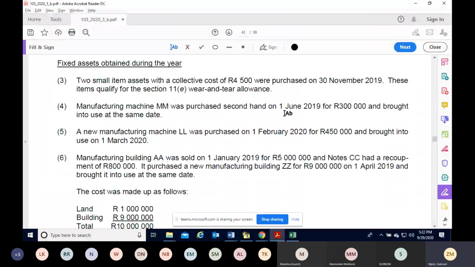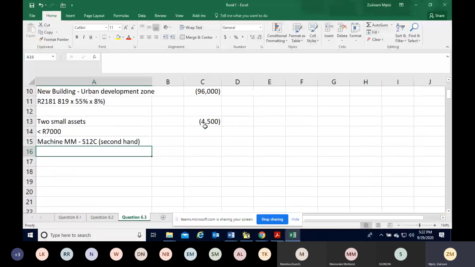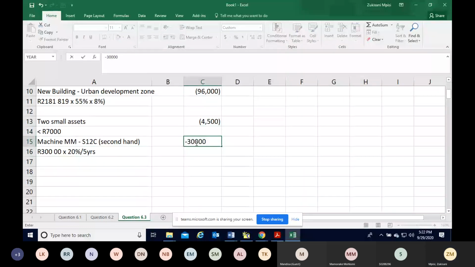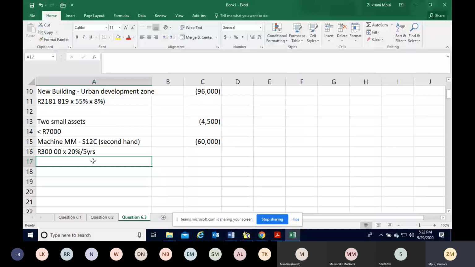So you can also go back to your notes. So this means that we have to write off 300,000 multiplied by 20% over 5 years. So this becomes 60,000.